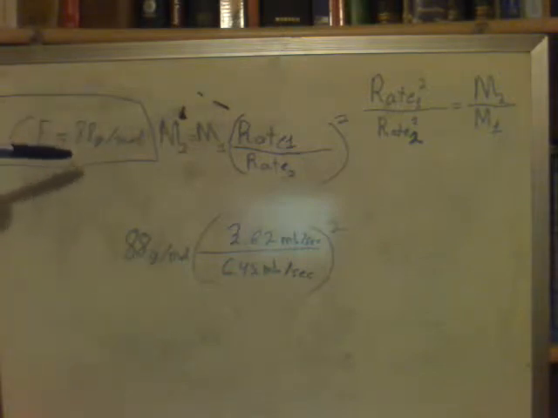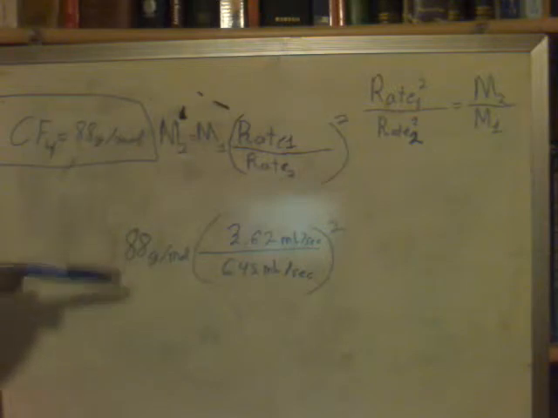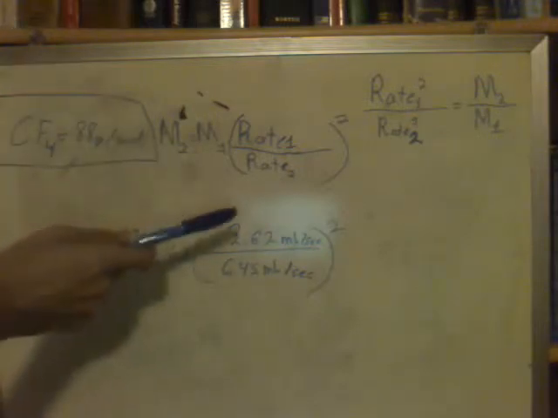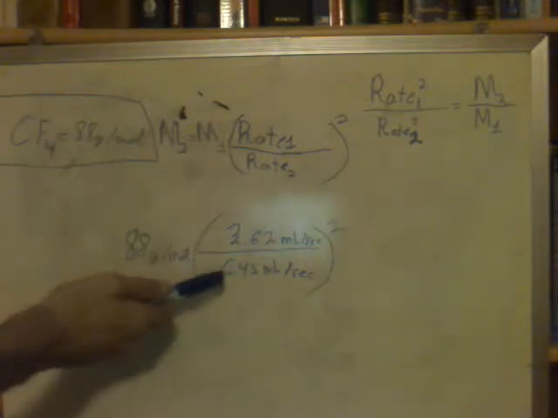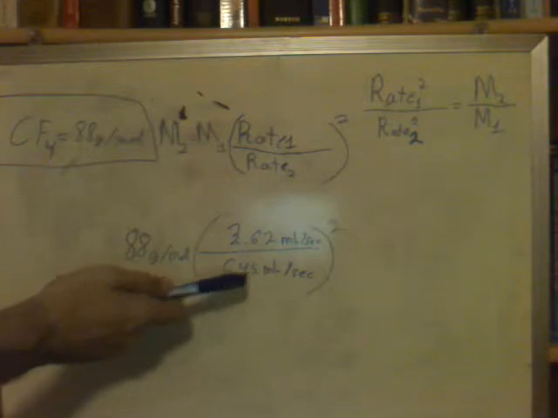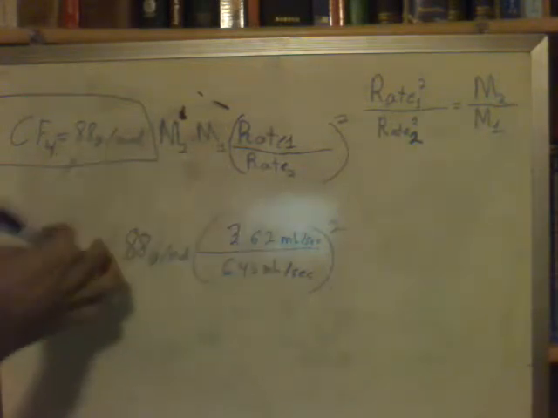Mass 1 is 88 grams per mole, which is the molar mass of carbon tetrafluoride. And then rate 1 is the rate of carbon tetrafluoride over our unknown mass, which is 6.45 milliliters per second.